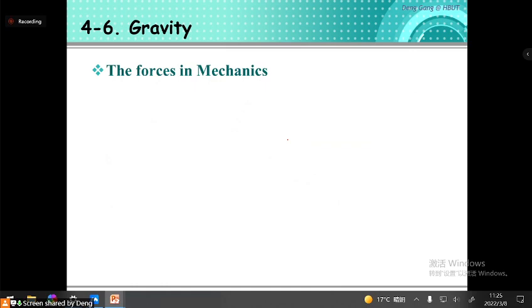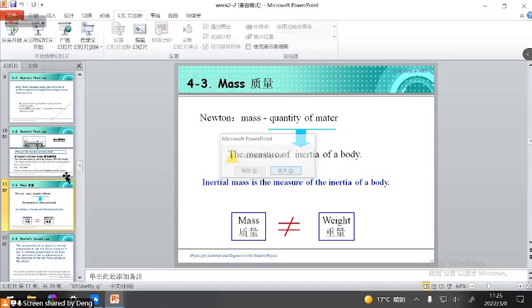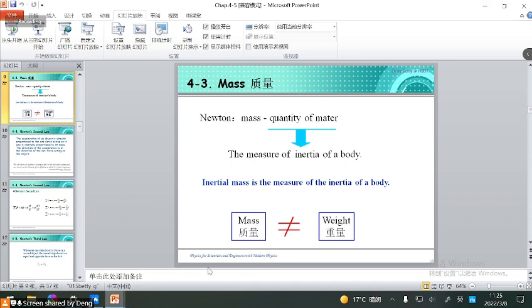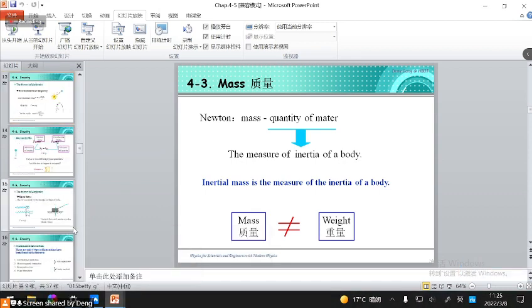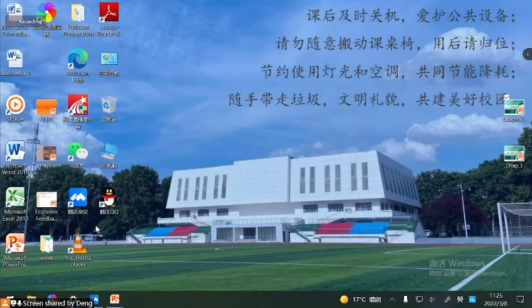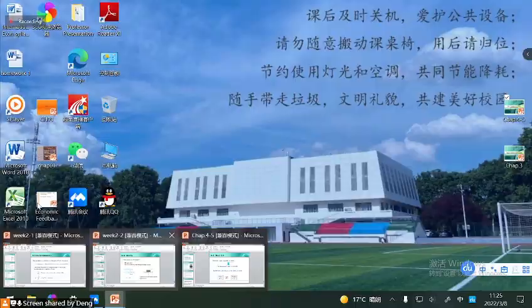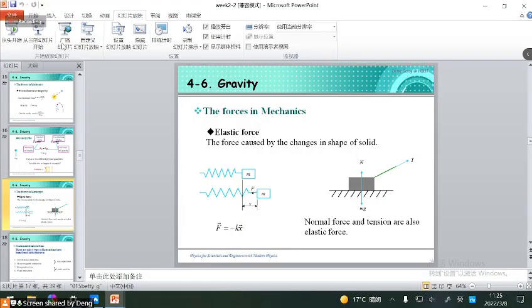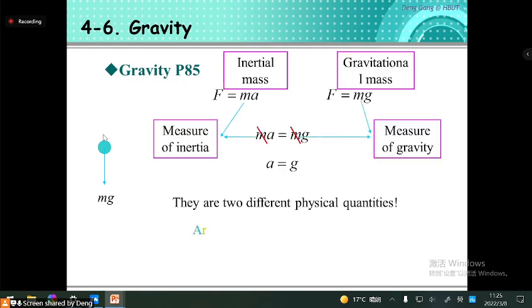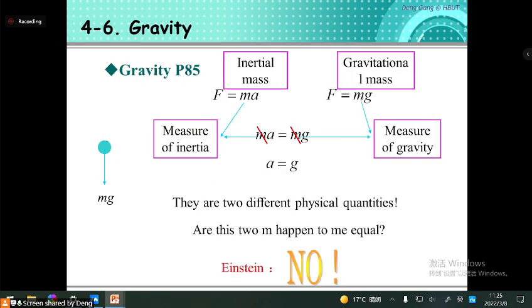No matter how far away the two objects are, there will be a force between them.